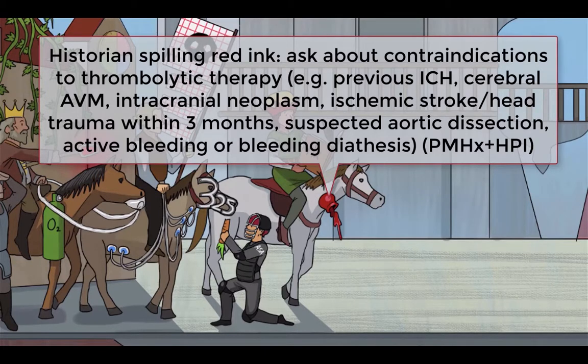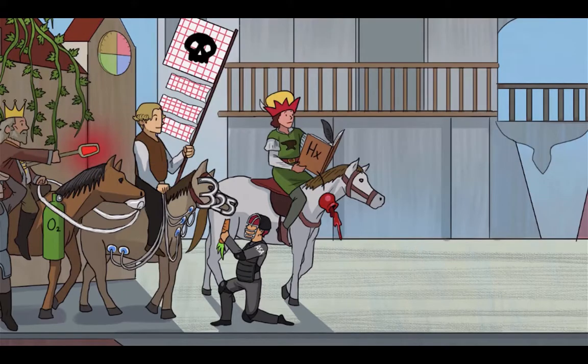For example, a history of prior intracranial hemorrhage, known AV malformations, intracranial neoplasms, or in the last 3 months having had an ischemic stroke or head trauma. Not surprisingly, patients with suspected aortic dissection, active bleeding, or bleeding diathesis should also not receive thrombolytic therapy.